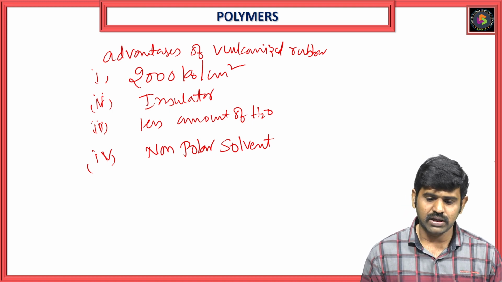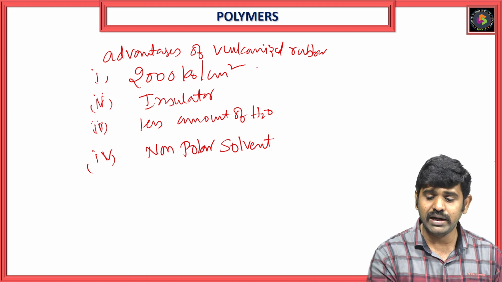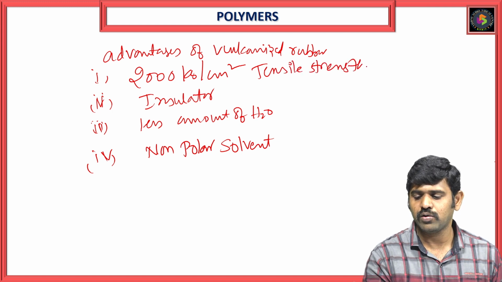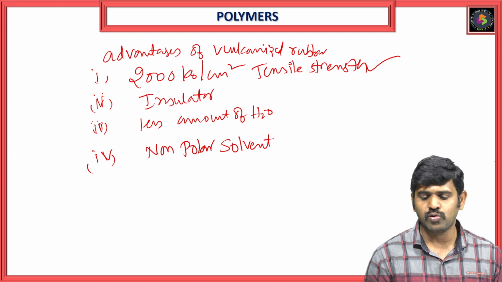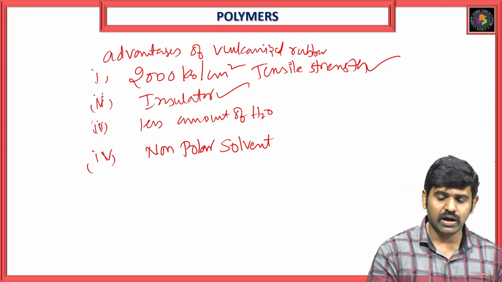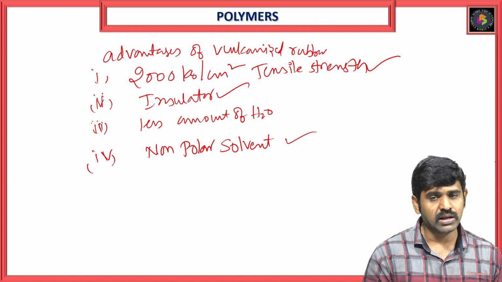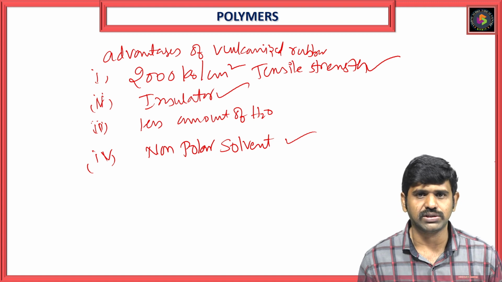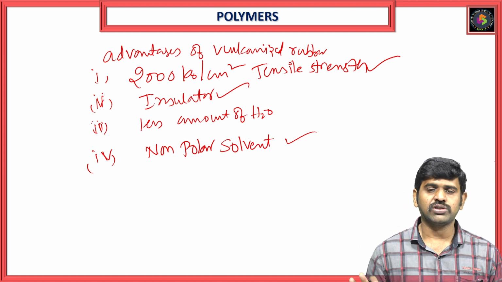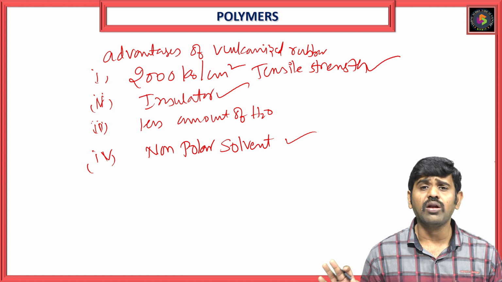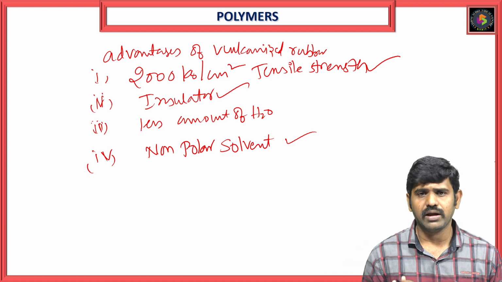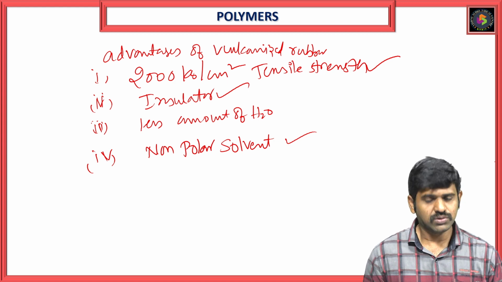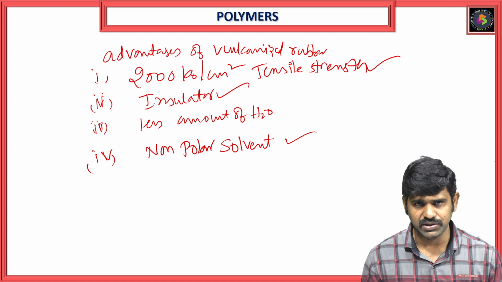It possesses high tensile strength, that is 2000 kilogram per centimeter square, absorbs less amount of water, good electrical insulator, highly resistant to non-polar solvents. So these are the advantages. Clear? So this is about vulcanization.